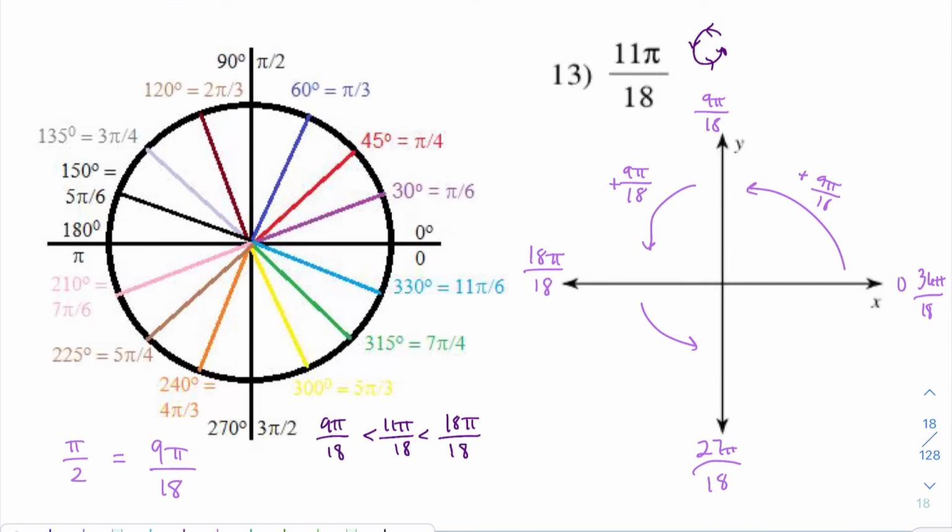So we know that this terminal side is going to be in this quadrant here. Okay, so we've got our initial side going on the positive x-axis, and we know our terminal side is going to be somewhere in quadrant 2. Again, the way we figure this out is we take a look at which one it's closer to. We ask ourselves, is this angle going to be closer to 9 pi over 18, closer to the y-axis?